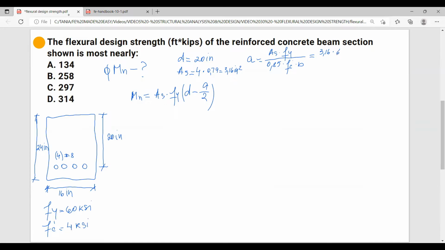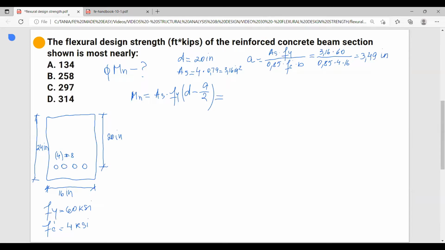So Fy here is 60, over 0.85 times fc prime 4 times b, which is 16 inches. Equals. Let's do a quick calculation on our calculator. 0.85, 4 multiply, 16 multiply. So a equals 3.49 inches.